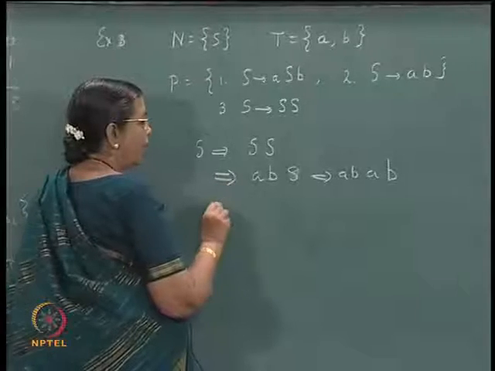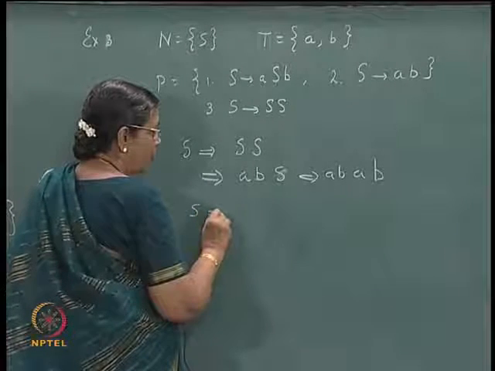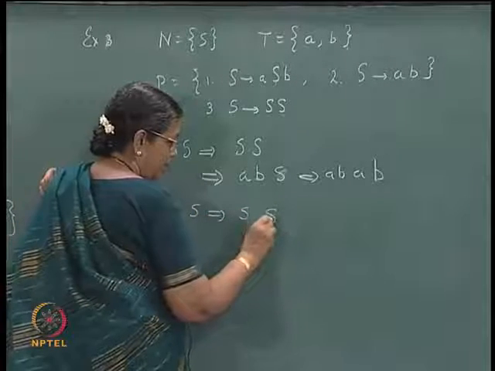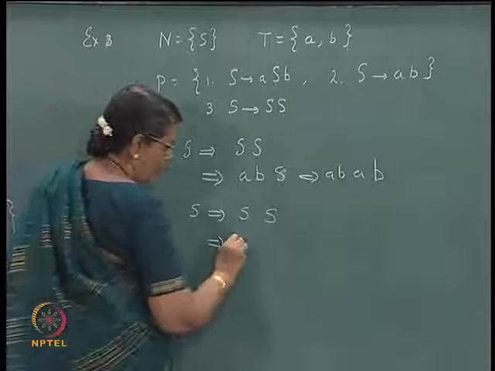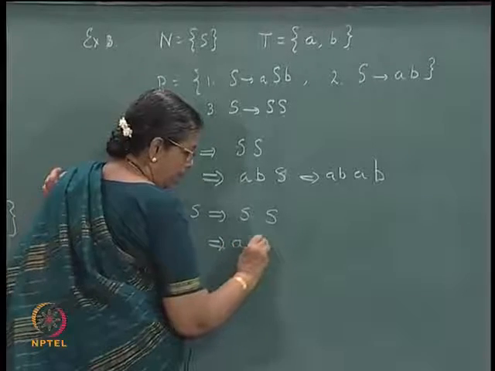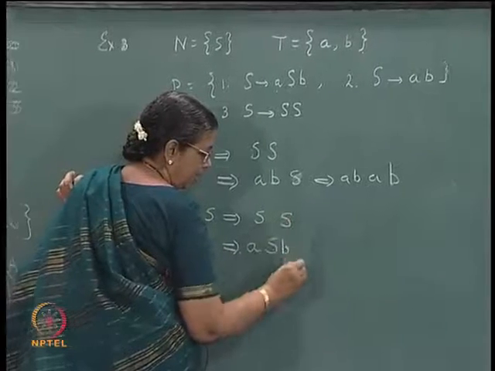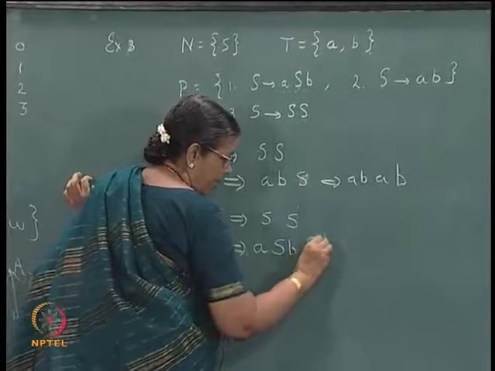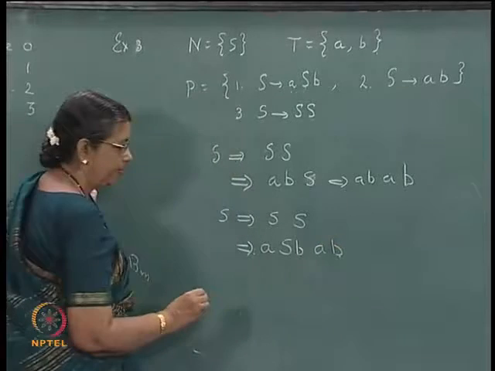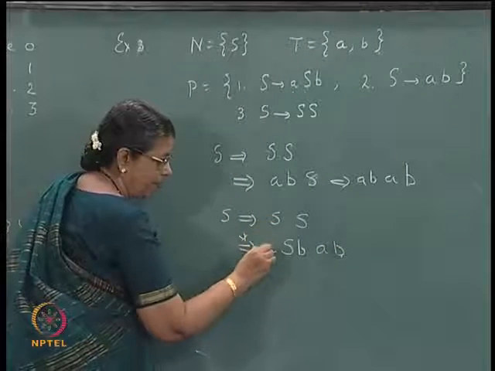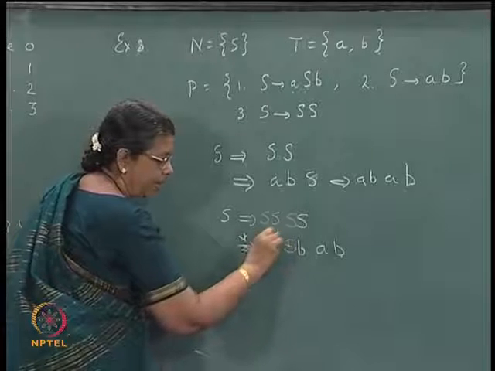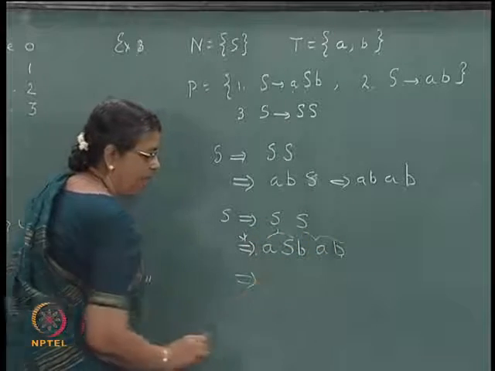More than that, you can derive something like this, S goes to SS, S goes to ASB, AB. This S is replaced by ASB, this is replaced by AB.